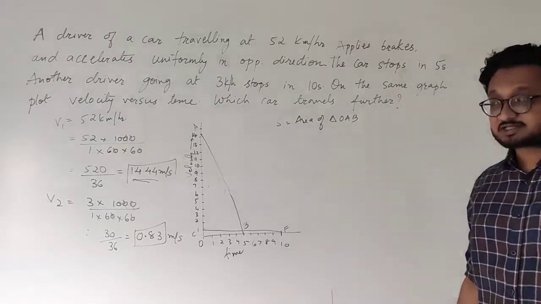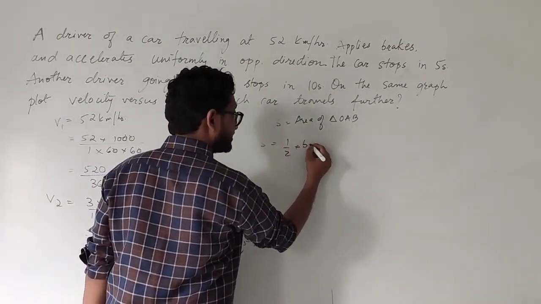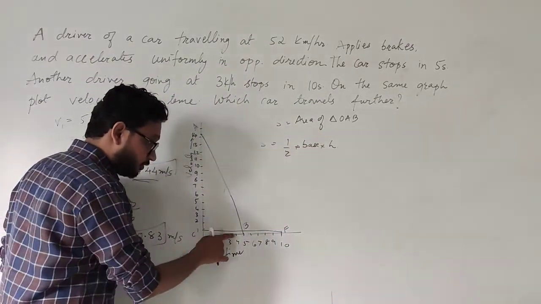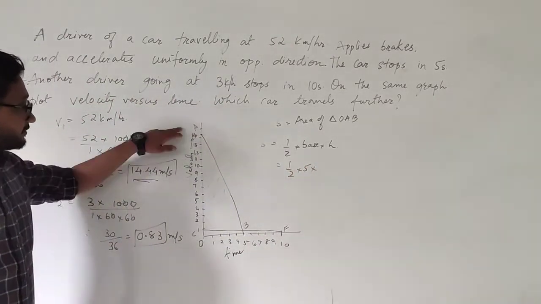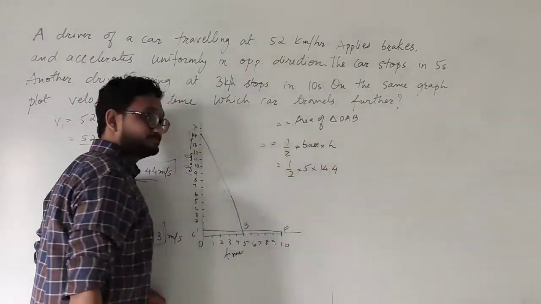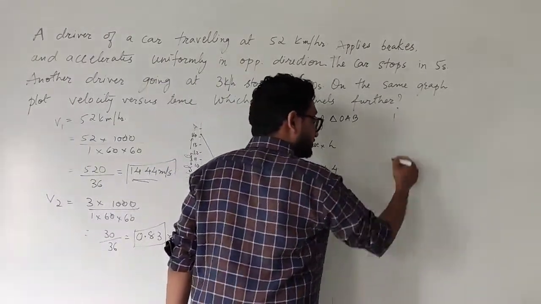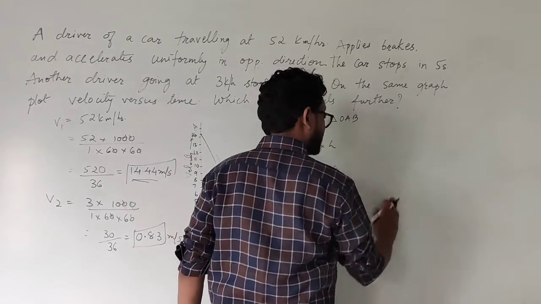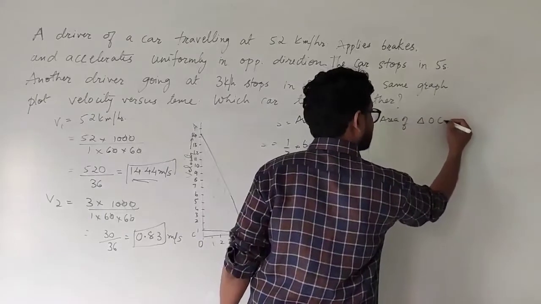We can find the distance covered from this. So what is the formula for area? Area is half into base into height. We know this formula. For this, the base is OB, that is 5, and the height is 14.4. The next part is the area of triangle OCF.